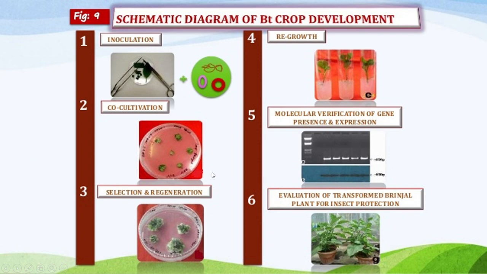You select the callus and then start regenerating. So this is the recombinant callus under the kanamycin selection media. Whatever callus has got the insecticidal crystal protein genes along with the kanamycin resistance genes will be able to grow in the selection media.